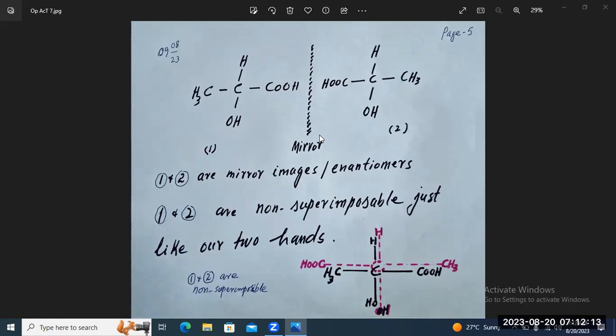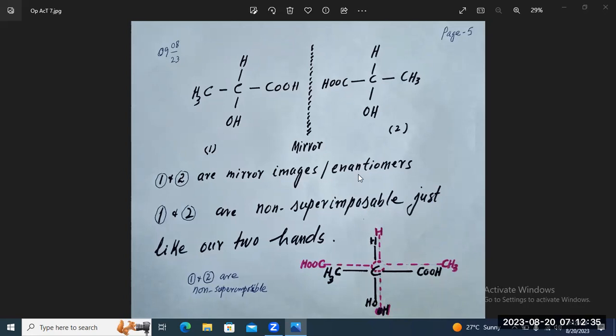So this is another necessary condition regarding the mirror images of an optically active compound, that they must always be non-superimposable to each other. This situation is explained here.